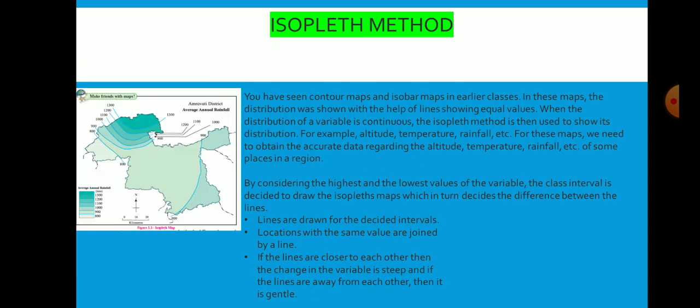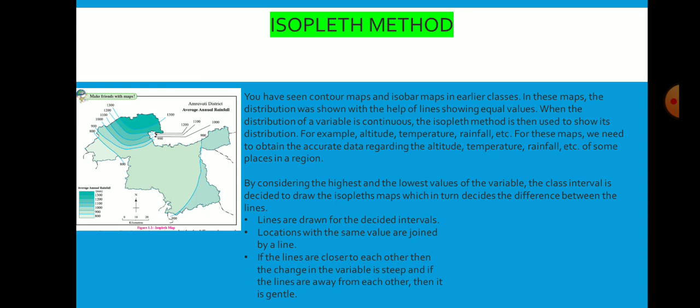Okay. Next is the isopleth method. You have seen contour maps and isobar maps in earlier classes. In these maps, the distribution was shown with the help of lines showing equal values.